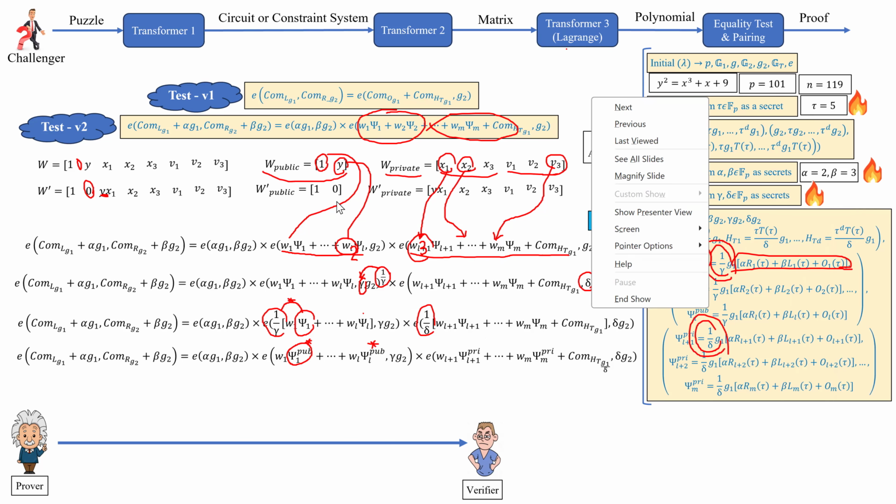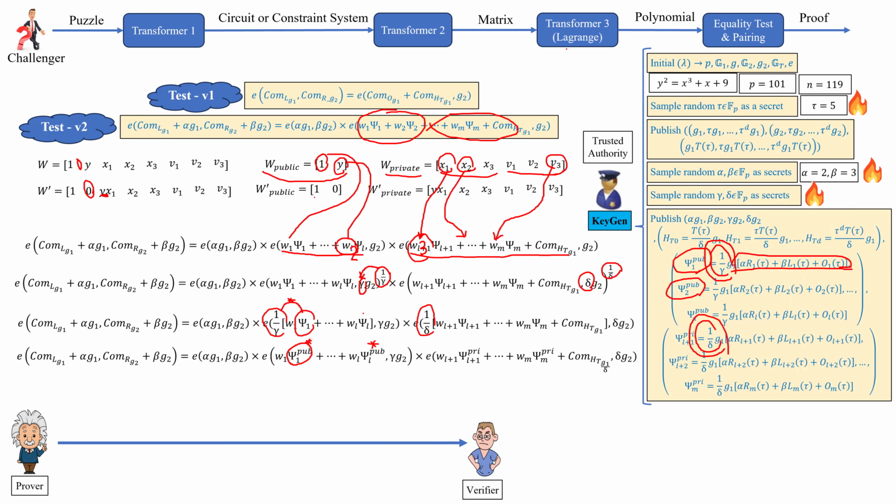And that's the reason if a malicious prover put a 0 here and then bring y here, the new value would not pass test version 3. So that prevents the malicious prover from adding an extra 0 before y.